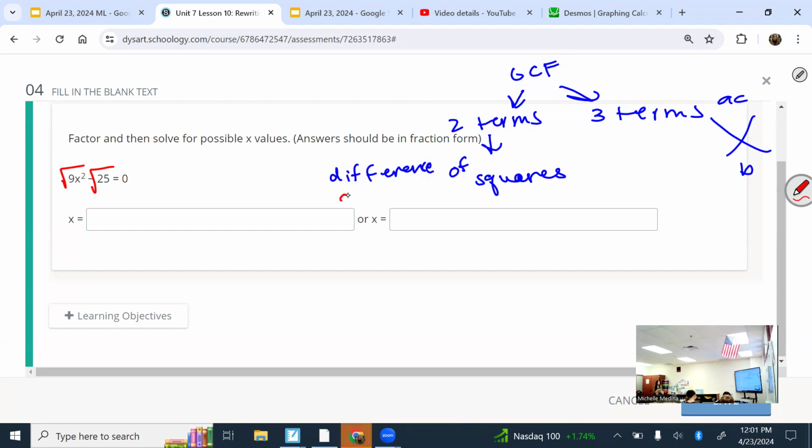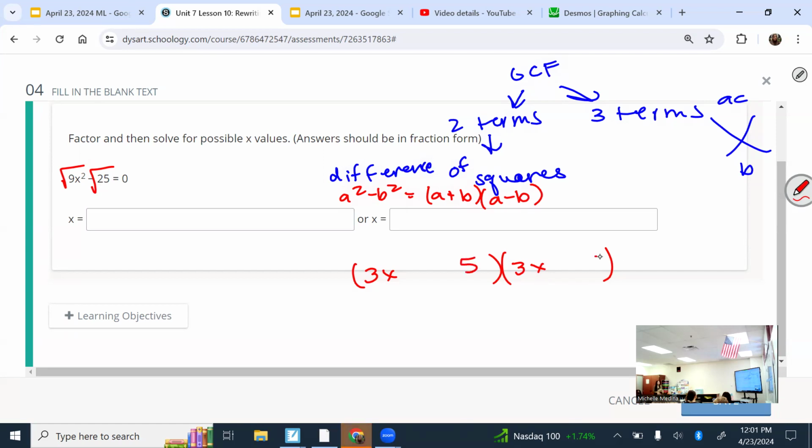So you apply your difference of squares rule, which is this. You take the square root of each of your perfect squares, and then you set it up like this. What's the square root of 9x squared? Good, so that should be the start of each parentheses. What's the square root of 25?